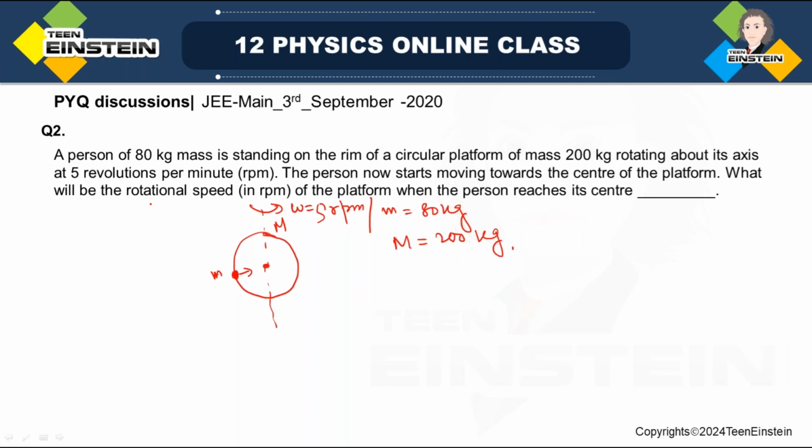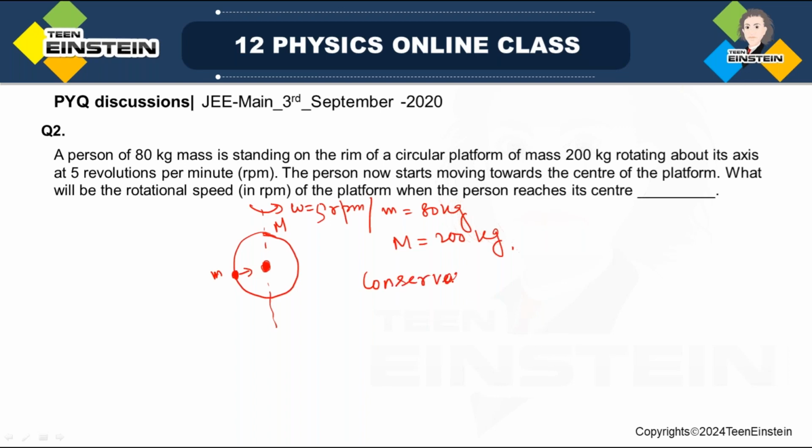What will be the rotational speed in rpm of the platform when the person reaches the center? So this type of problem can be solved with the concept of conservation of angular momentum.